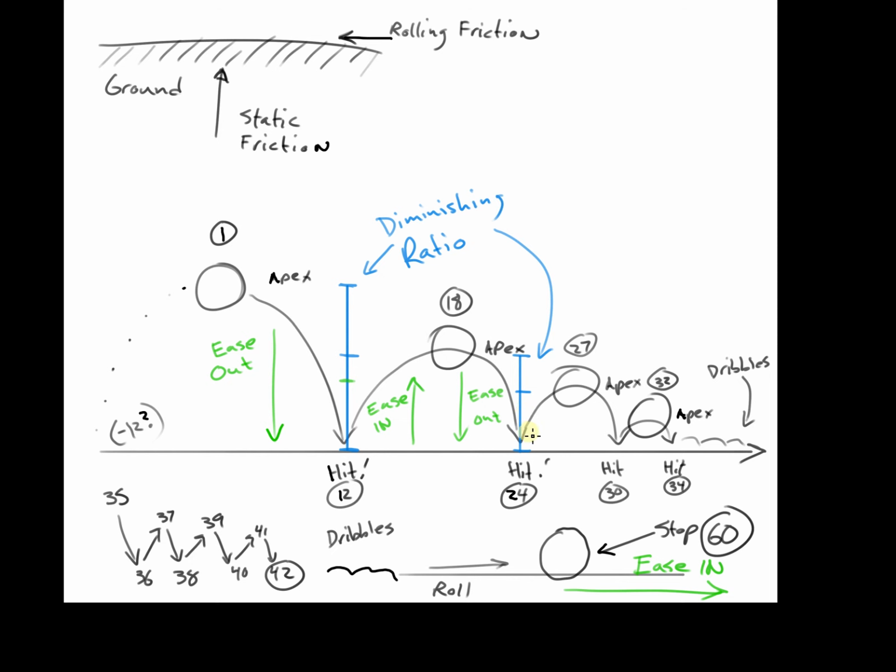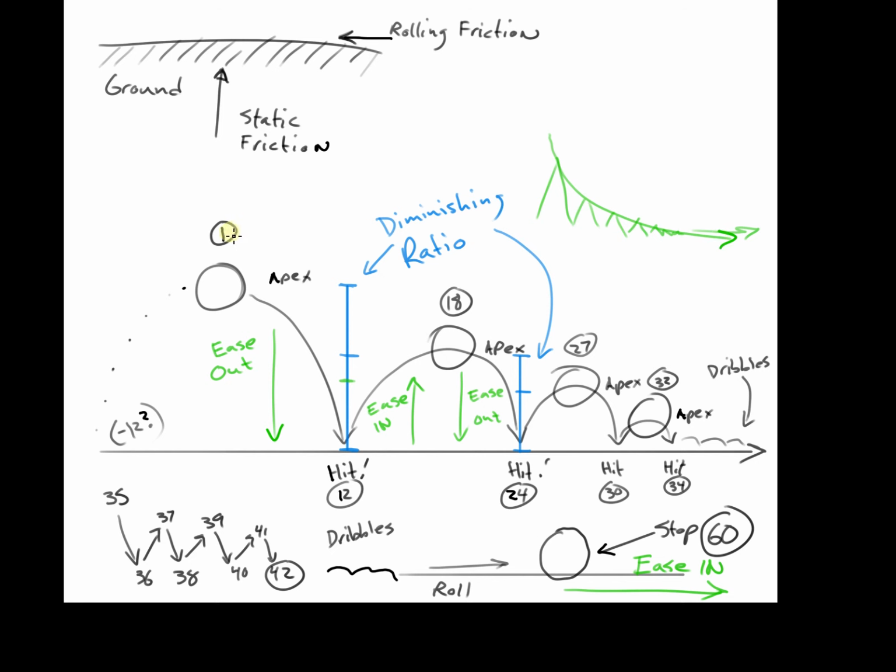So whatever the ratio is that we establish, we're going to try to make it maintain the exact same ratio, so that what we get is hopefully a little diminishing bounce that looks like this. So our first bounce would be up here, our second, our third, our fourth, etc., etc., and then it gets down to a flat rolling position at the very end.